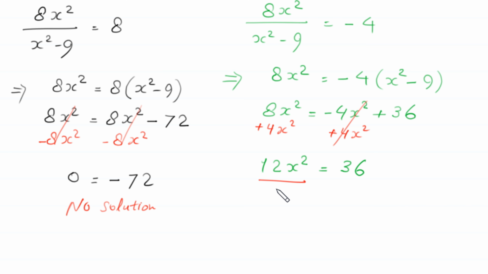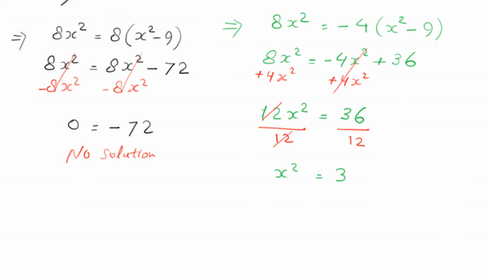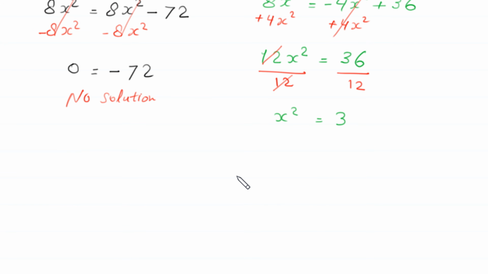And from here we divide both sides by 12. So this 12 will be cancelled out with this 12, and here we are left with x squared is equal to 36 divided by 12, which is 3. Now we take a square root of both sides.